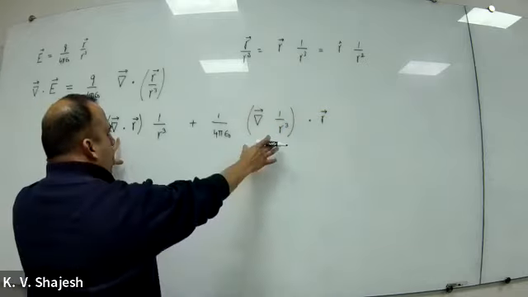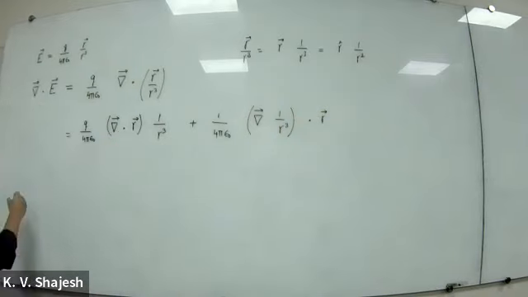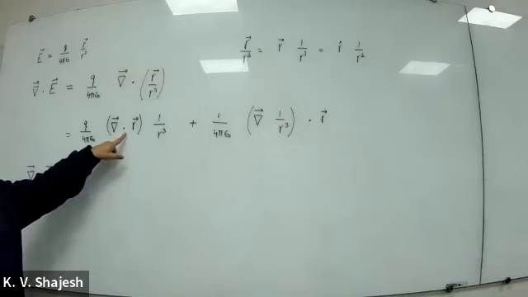So there are two operations I'm interested in. Instead of talking about the divergence of r, let me have the following construction. Now notice that this is a dyadic. There are two vectors, and I have not put the dot product here.